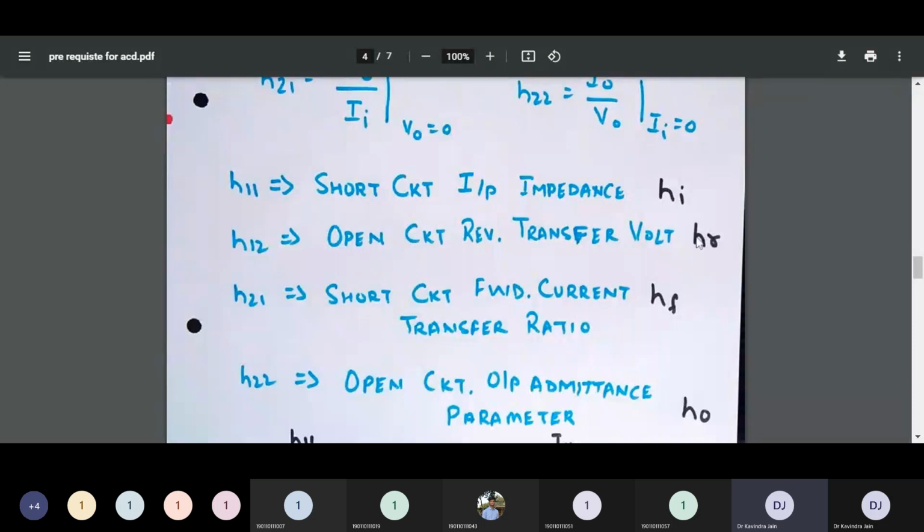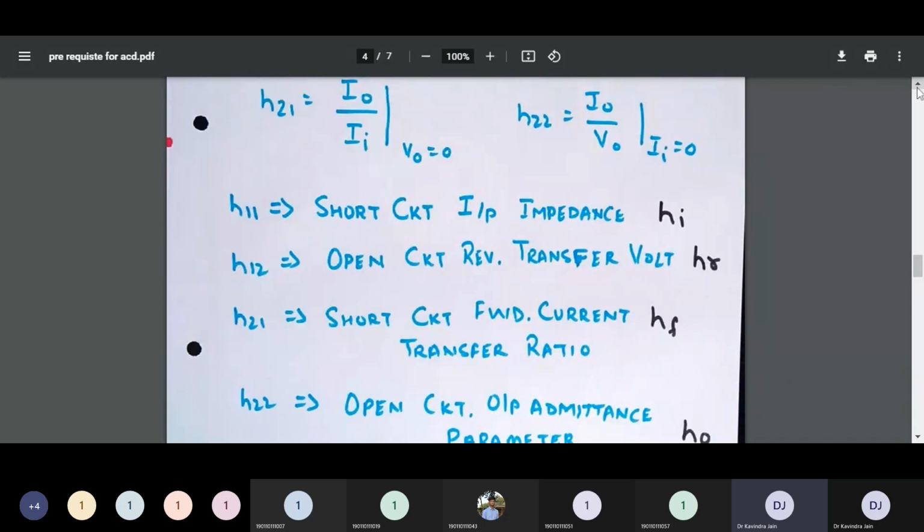This becomes Hre. This becomes Hfe. This becomes Hoe. Now, why is it so? Common configurations are specific configurations. These parameters are general parameters, general hybrid parameters that we have calculated for a general circuit.